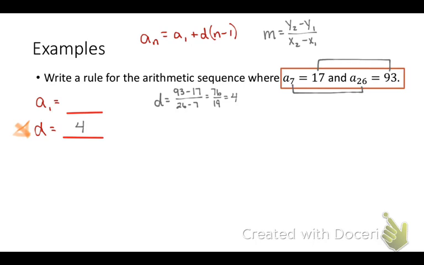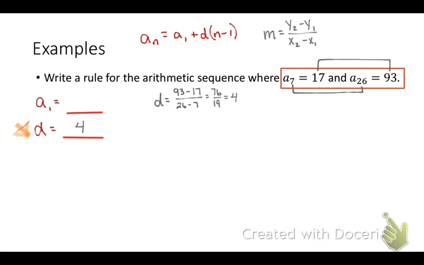So now I have a common difference of 4. Now case 3 just turned into case 2. We're going to get the first term, and then we're going to turn case 3 into case 1, essentially.